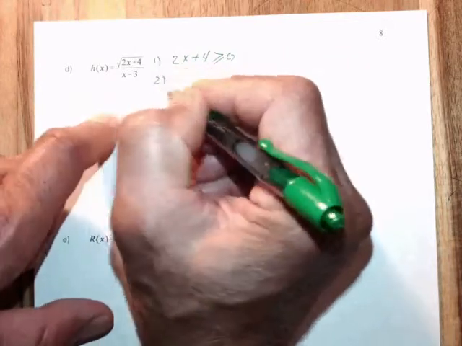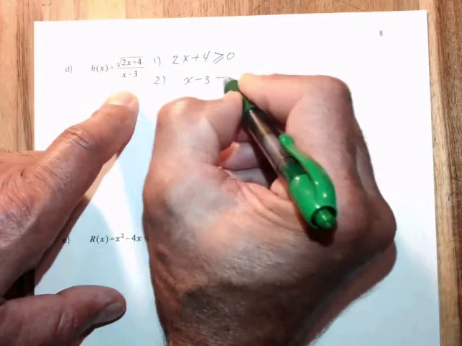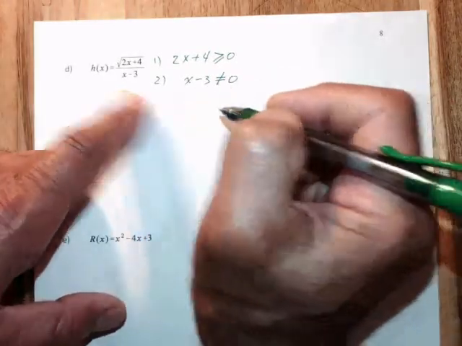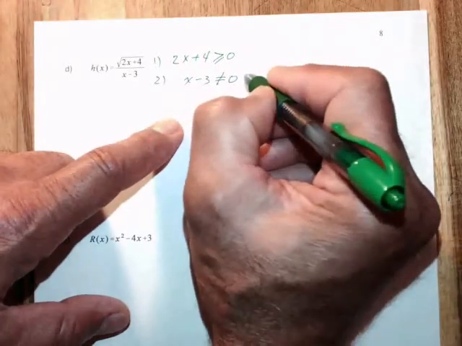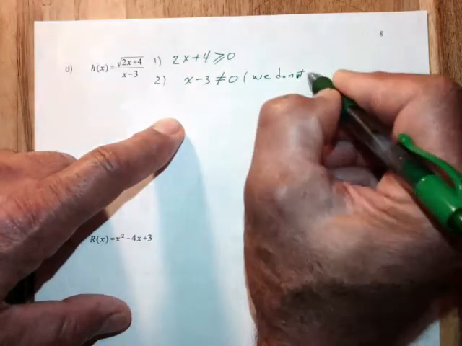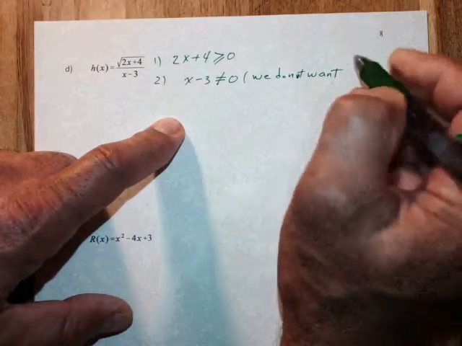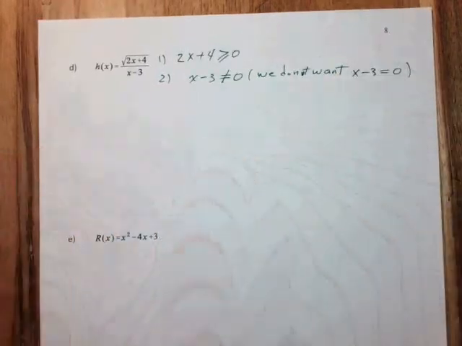The second restriction is that x minus 3 has to be not 0. So I don't want this to be 0. Maybe I should say it, we do not want x minus 3 equal to 0. That's a better way to say it actually.